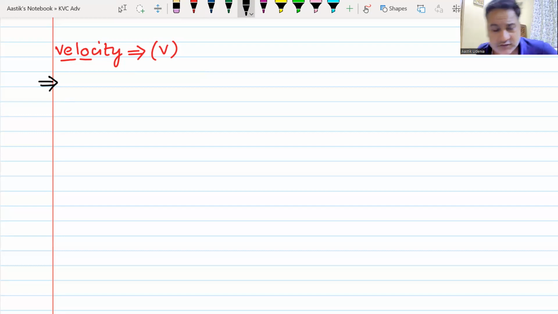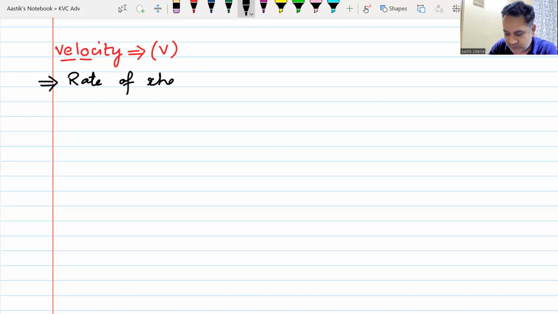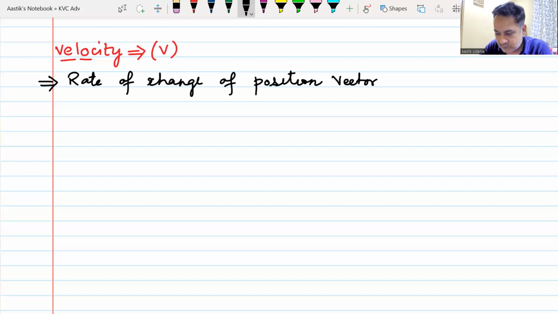It is actually not the rate of change of displacement. It is the rate of change of position vector with time. It is the rate of change of position of the particle with time. So that is a better way of writing this.